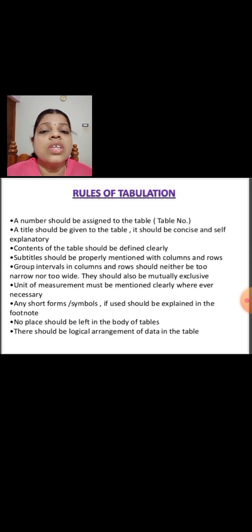And the last one is, there should be a logical arrangement of the data in the table. We know that a certain sequence is there for the formation of the columns and the rows, and we should form the table in that sequence, in a logical manner.